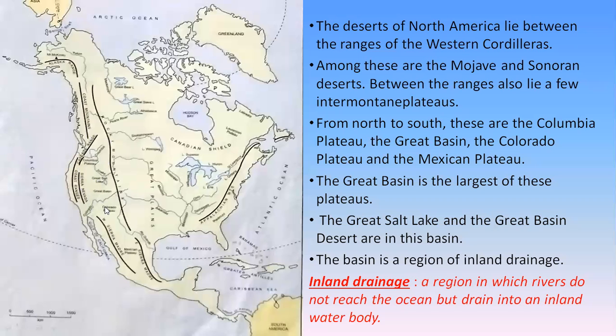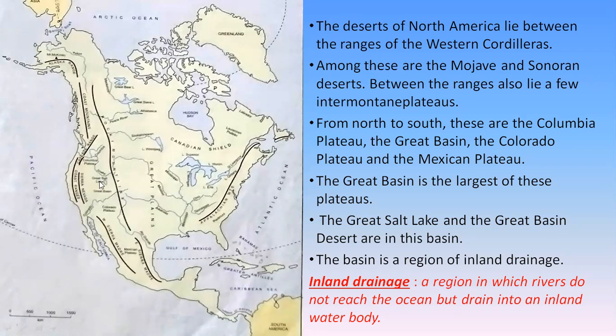Inland drainage system. One river is there. The Colorado River is here, one of the major rivers in this area. This river and its tributaries make an inland drainage system. Inland drainage means some rivers originate from the mountains but do not reach the ocean.